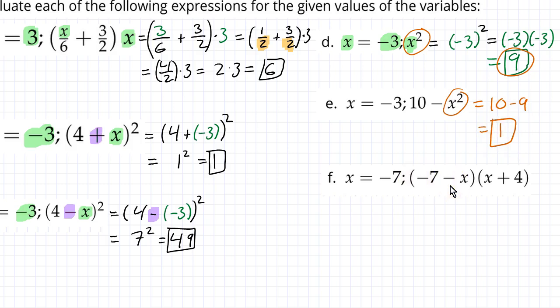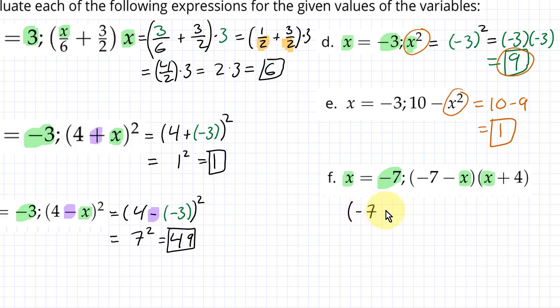This one, we're plugging in -7 into this. Lots of practice with negative numbers here. So I'm going to replace this x here and this x here. Each are going to become -7.